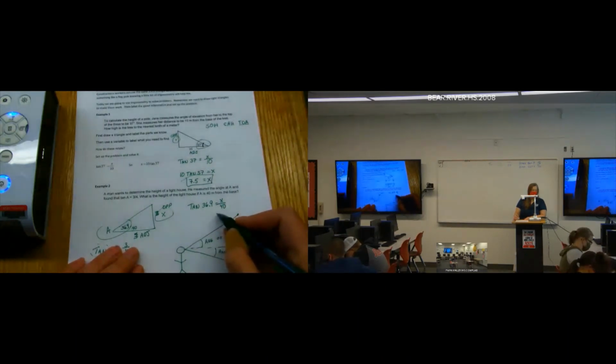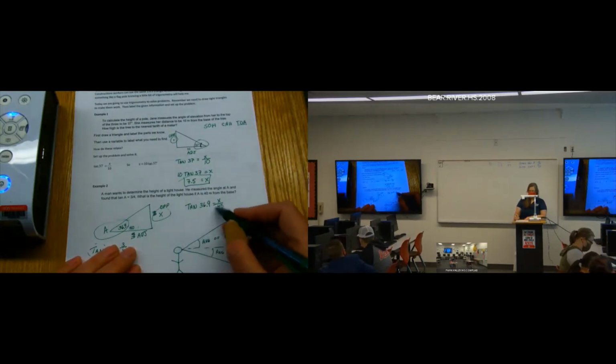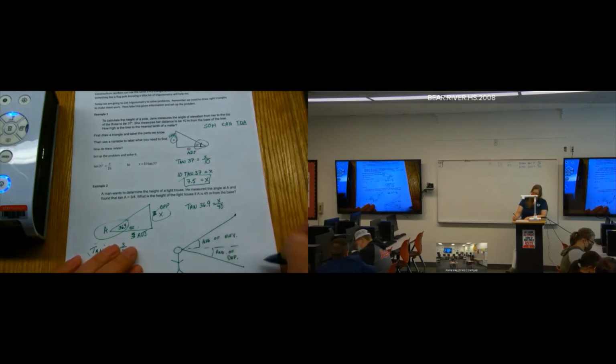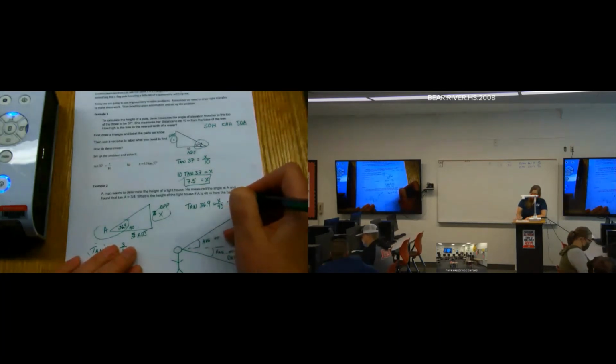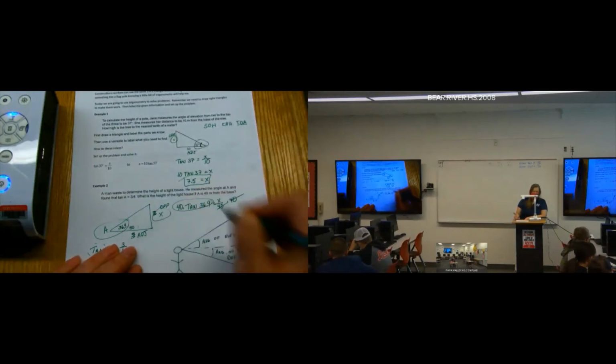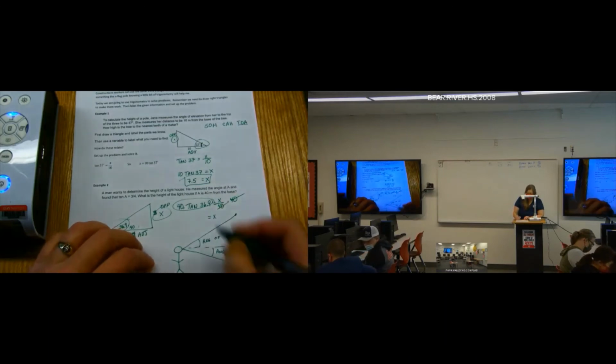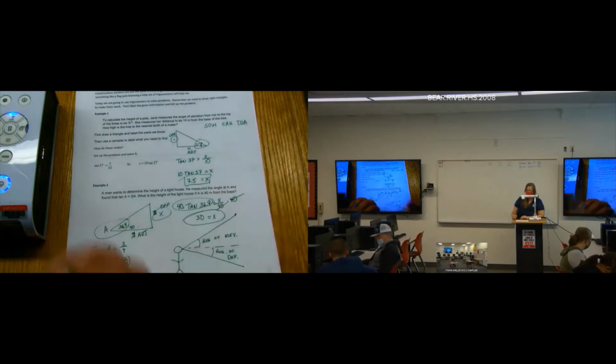Right? How do I solve this? I have a 40 over here. How do I move that 40, Weston? Good. So I times this, and I get an answer, and it's what? 30. And I'm done.